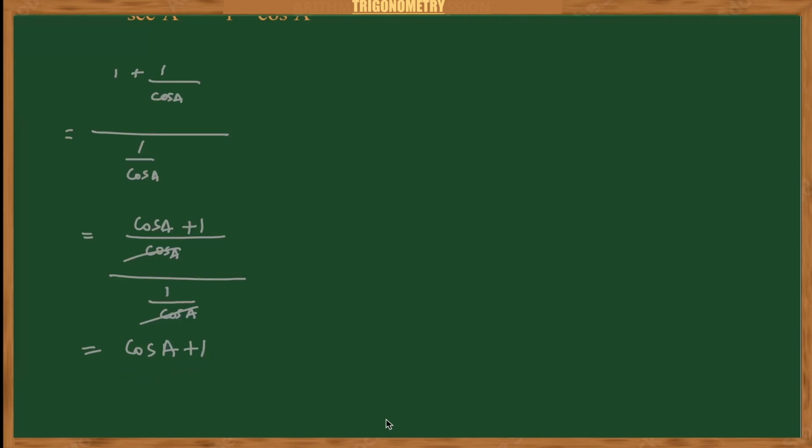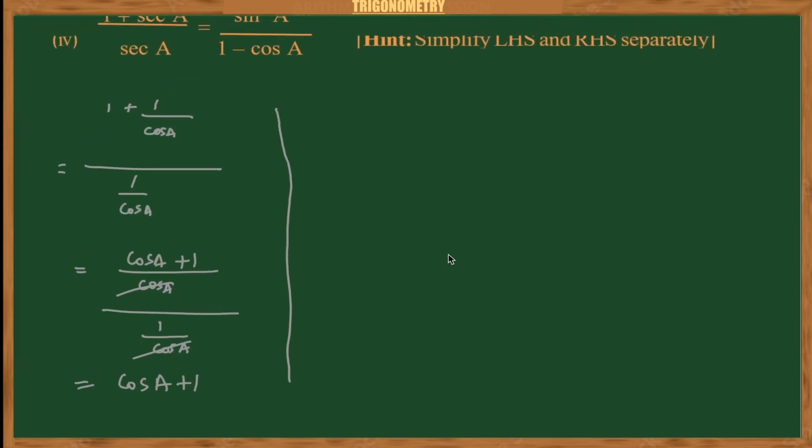No. In this sort of situation, we'll bring our right hand side to the equivalent of this to prove it. So let's go ahead. What is the right hand side?